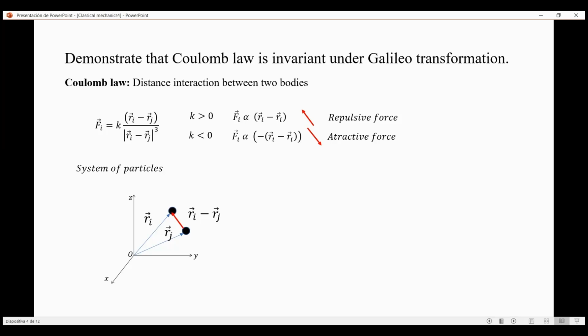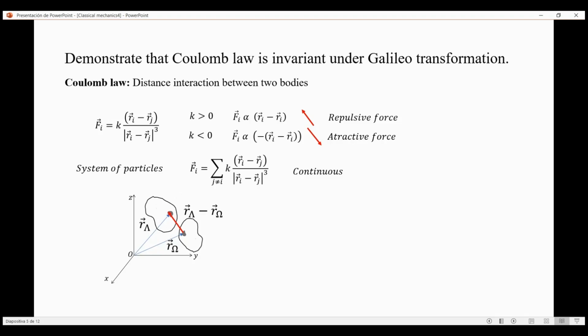I would like to point out that the concept we want to focus on is the distance between the two physical objects. But the idea is completely analogous for a system of particles, where we would have to sum all the two by two interactions among the particles, or in the continuous case, where we take two by two interactions between two differential elements of the two continuous bodies and then integrate over the regions of the two bodies.